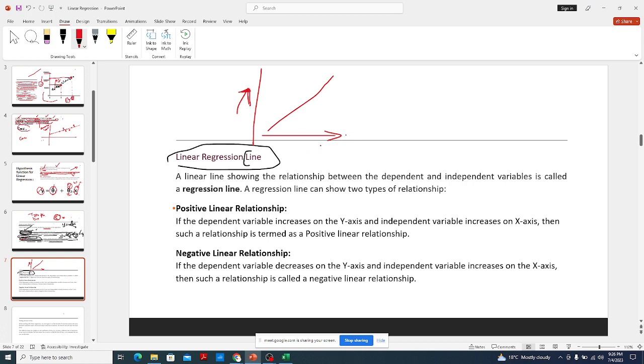If the x variable is increasing, definitely the y value is increasing. That is for the positive linear regression line.